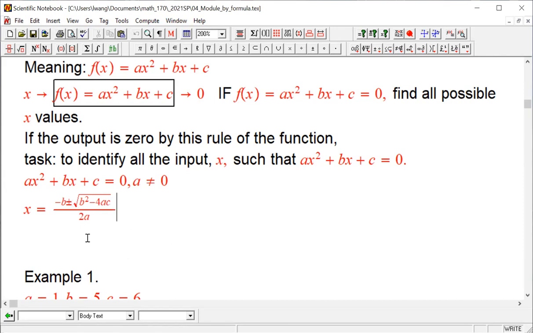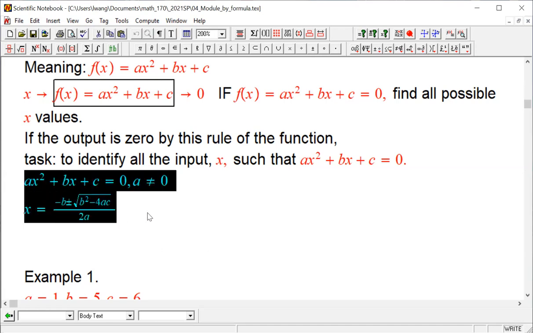That's the quadratic formula. Because a is not 0, we don't have to worry about a 0 denominator. And this formula is very versatile because it will give you a solution to any quadratic equation.